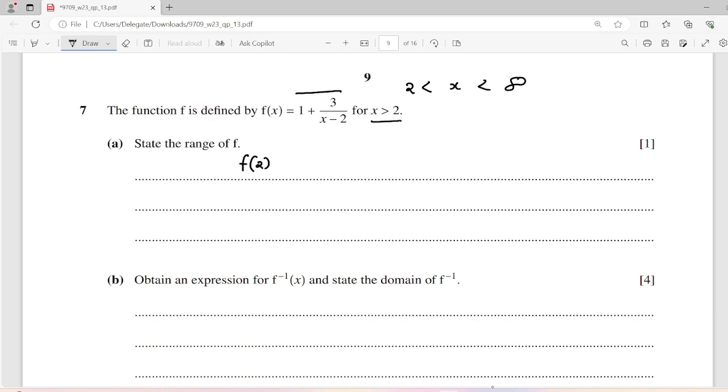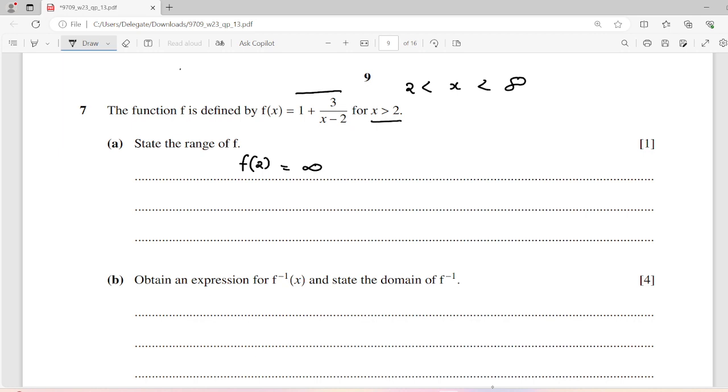This is the lower limit, this is the upper limit. So when I put 2, I end up having 1 plus 3 over 0, which is basically infinity. Yeah, it is infinity. So when I put 2, I get infinity.